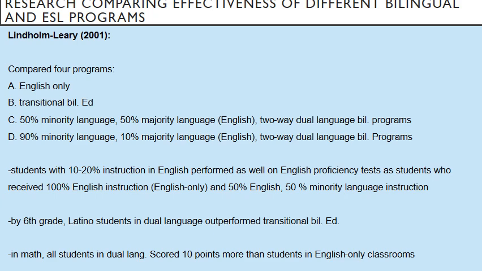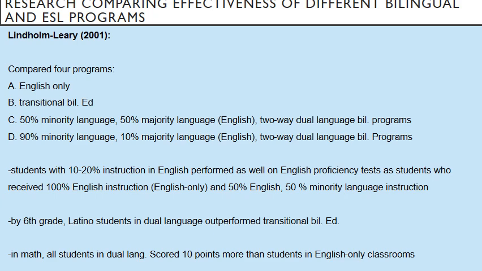In fact, he would be at the same level as a student who had only been learning English the whole day. They also found that by 6th grade, Latino students in dual language programs outperformed transitional bilingual education. So this once again supports the principle that the more native language instruction, the better.